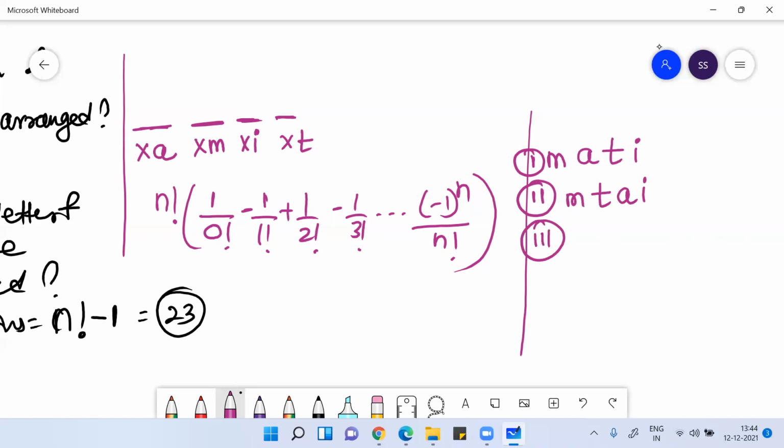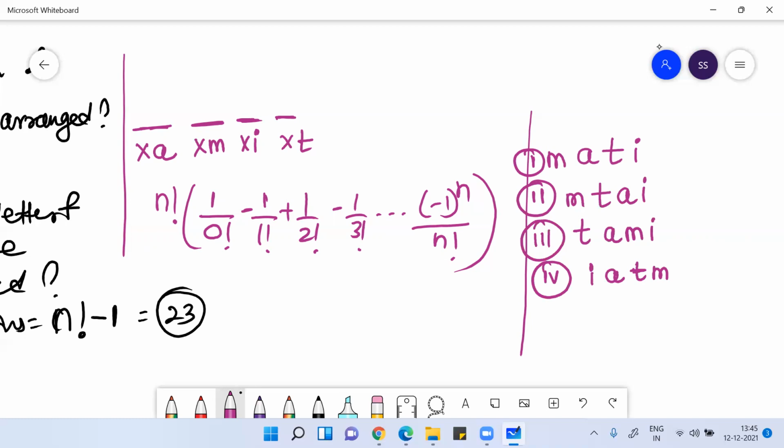Like this, I can make T A M I. Like this I can make sequences, right? I can make I A T M. So that is called derangement.